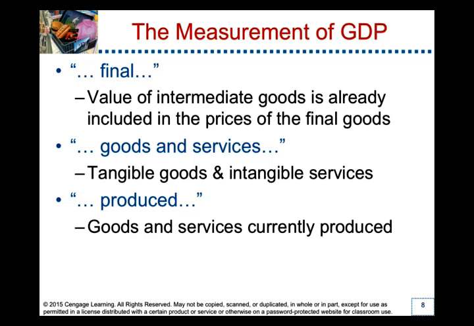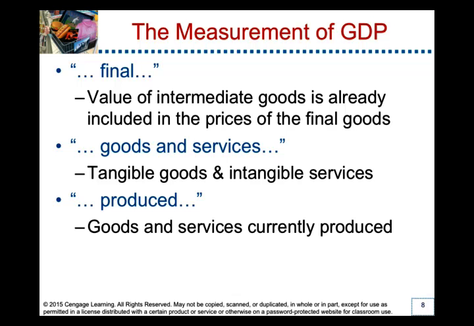Okay, so let's say the value of the bread is 500 and the value of the flour is 300. If you want to add 300 as well as 500 as well as the value of the wheat, which was 200, then wheat will be counted 3 times, the flour will be counted 2 times, and bread will be counted 1 time. So that is causing the problem of double counting.